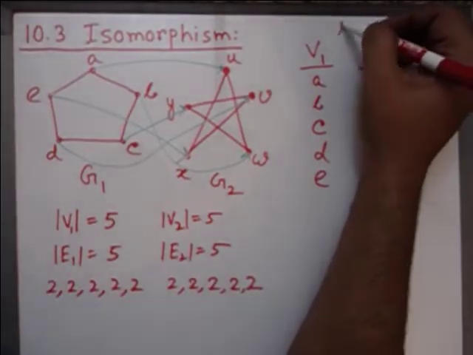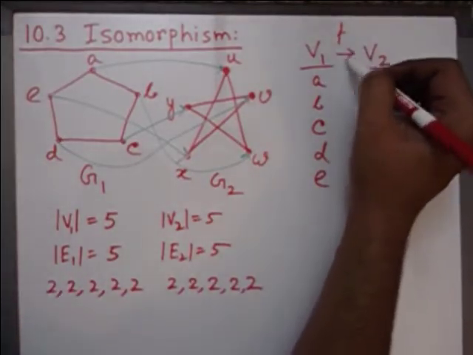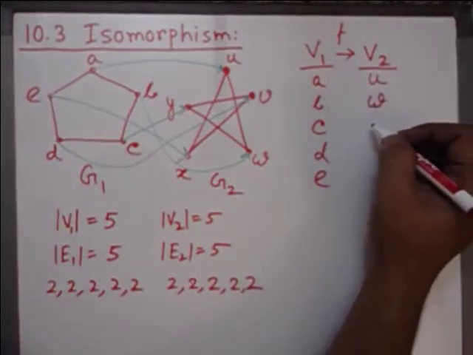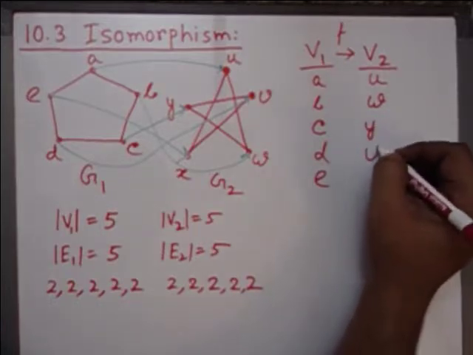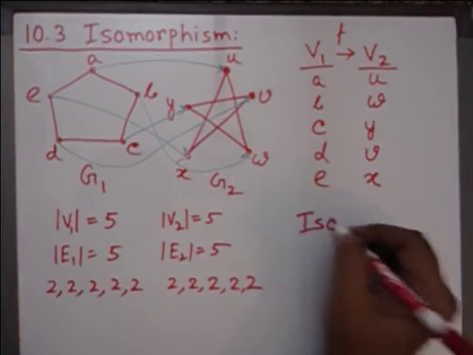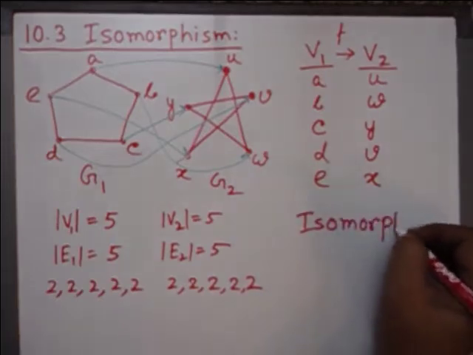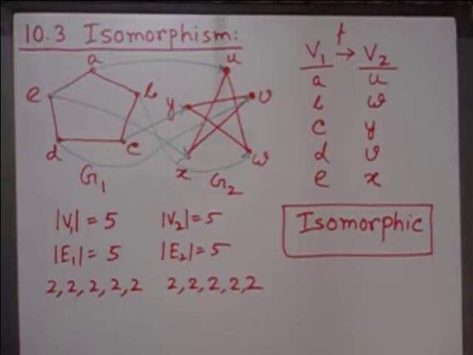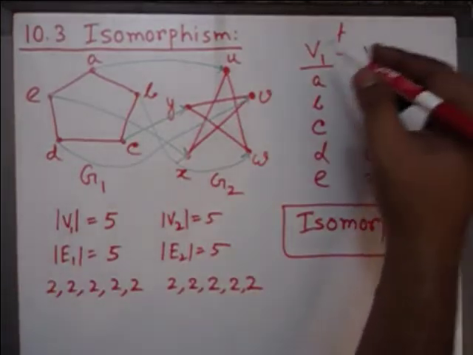So the bijection from V1 to V2 is A to U, B to W, C to Y, D to V and E to X. So these two graphs are isomorphic. Again, if the number of vertices, number of edges, degree sequence, subgraphs, everything is the same, to prove that they are isomorphic, you need to show a bijection.